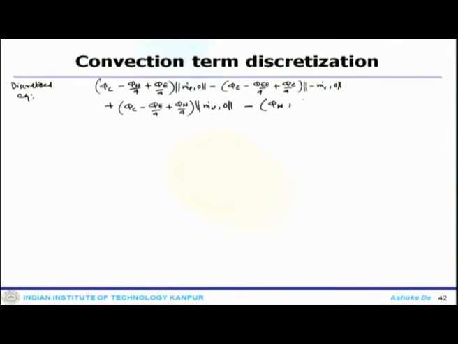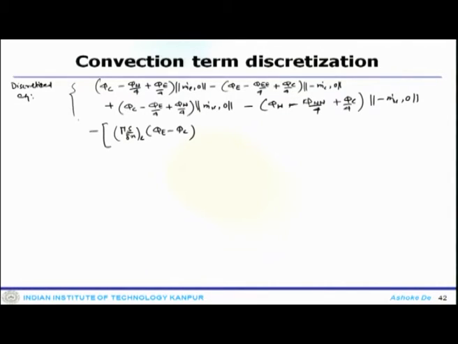Then the converted discretized equation would be looking like: (phi c minus phi w by 4 plus phi E by 4) multiplied with m dot E, minus (phi E by 4 plus phi c by 4) multiplied with m dot E, and then you get (phi c, phi E by 4, phi w by 4) multiplied with m dot w, minus (phi w by 4 plus phi c by 4) multiplied with minus m dot w, and then we have the gamma term or the diffusion term.